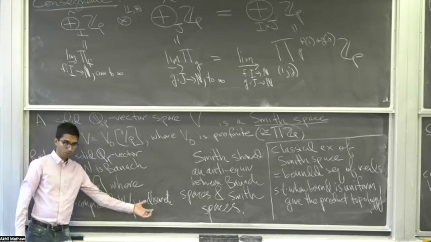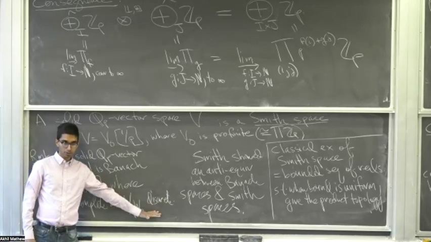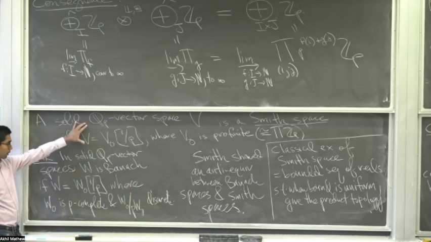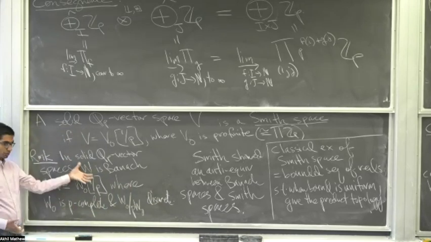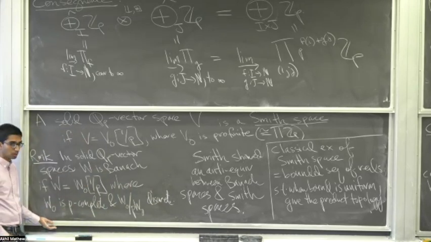That's saying that it has the p-adic topology, so mod P is discrete. And then the duality between Smith and Banach spaces is taking internal Hom.